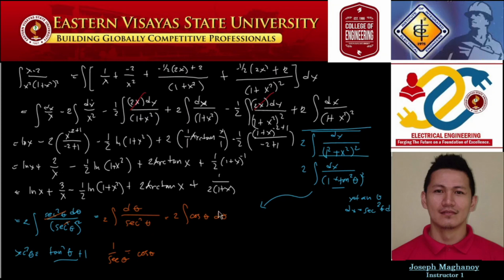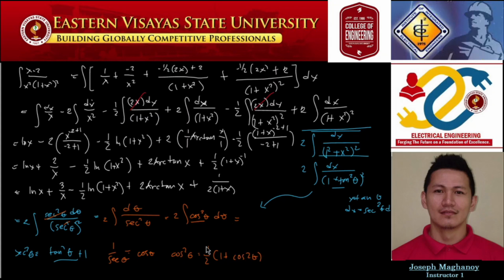But you have a power of 2. So copy the power of 2. Here, we need to integrate or use identities. So what identity are we going to use? For cosine squared theta, it has an equivalent, in your identities, of 1/2 times 1 plus cosine 2 theta.